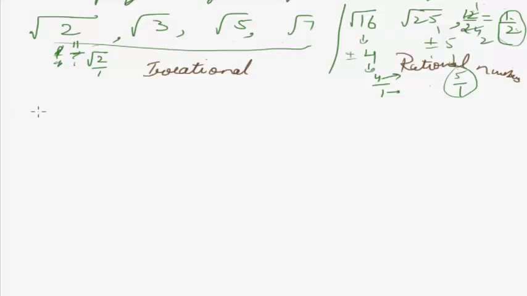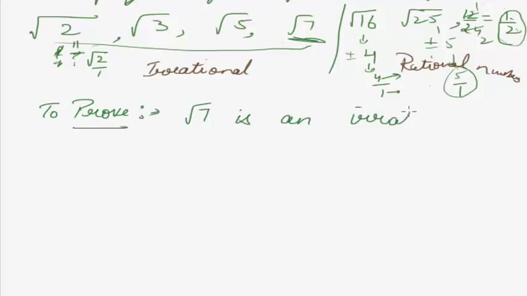Friends, so we need to prove say root 7 is an irrational number.